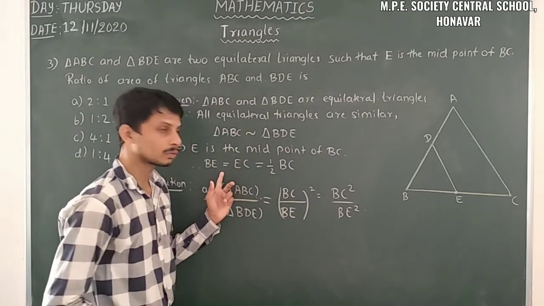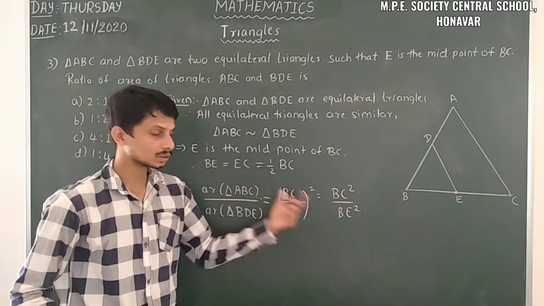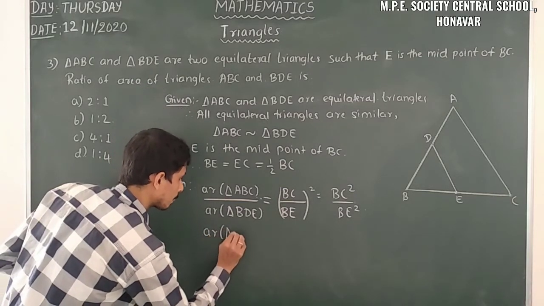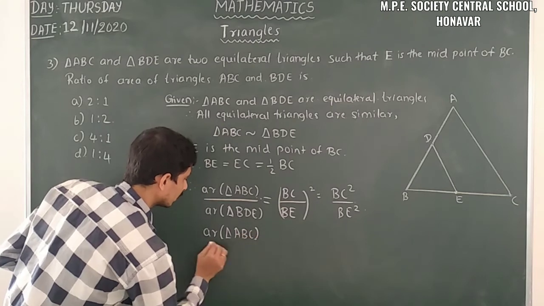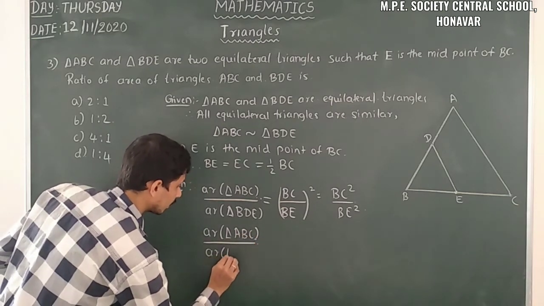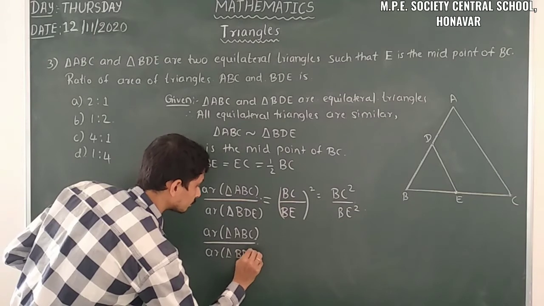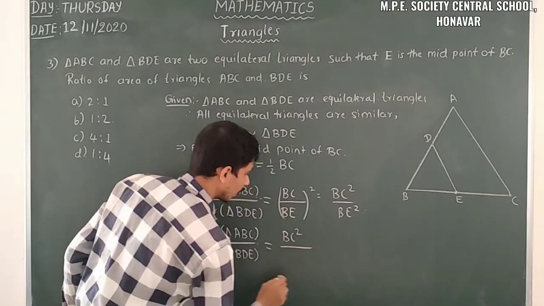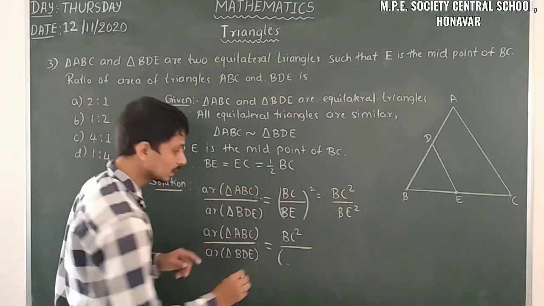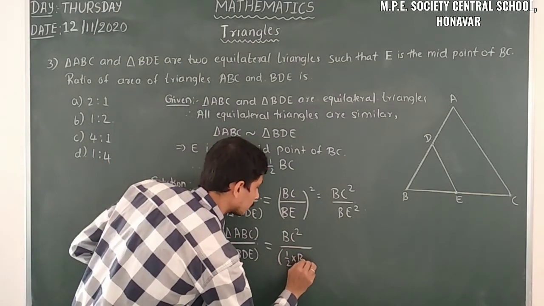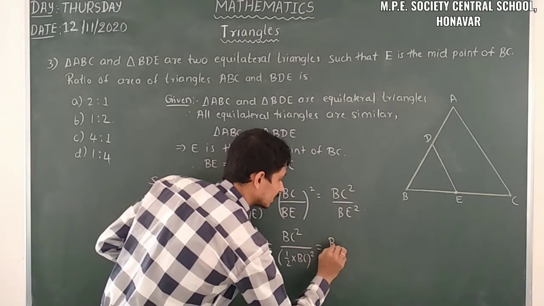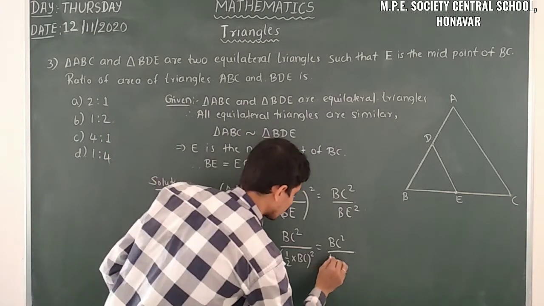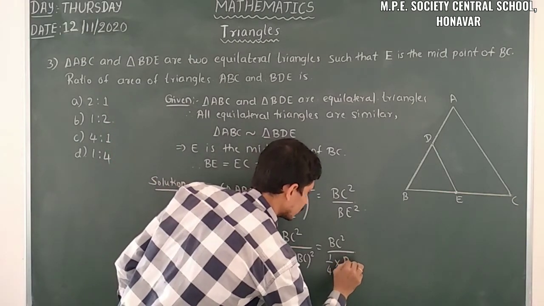Here BE is equal to 1 by 2 into BC, so substitute that. Area of triangle ABC divided by area of triangle BDE is equal to BC square divided by (1 by 2 BC) whole square, which is BC square divided by 1 by 4 into BC square.